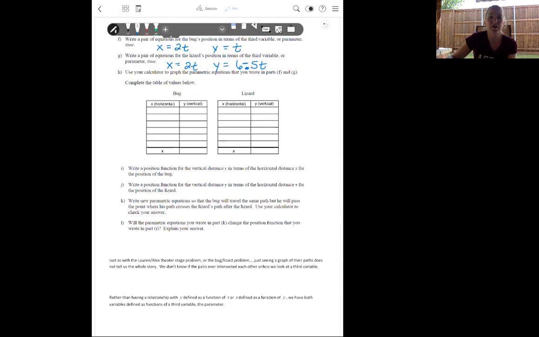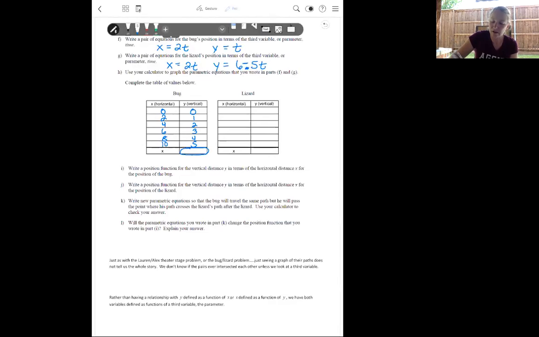All right, in our table of values, the x value for the bug was 0, 2, 4, 6, 8, 10. The y value went 0, 1, 2, 3, 4, 5. Well, this time, what I want to do is write a y equation that's in terms of x.